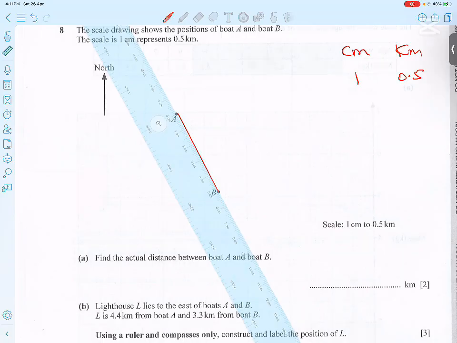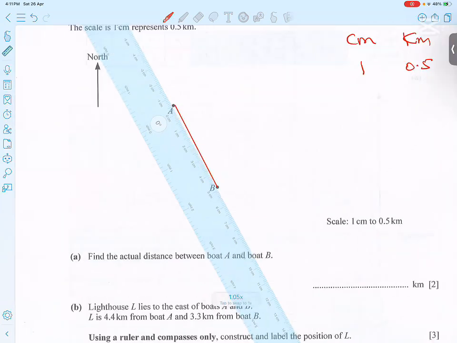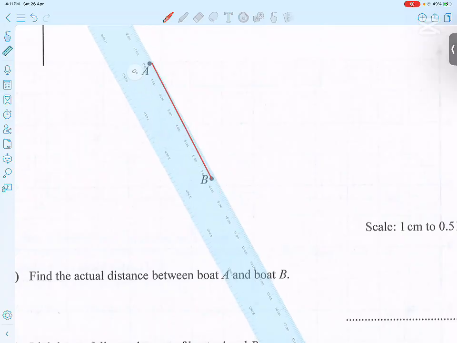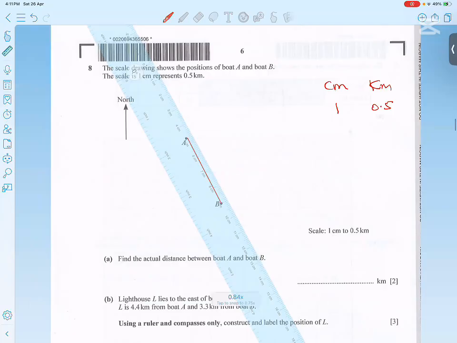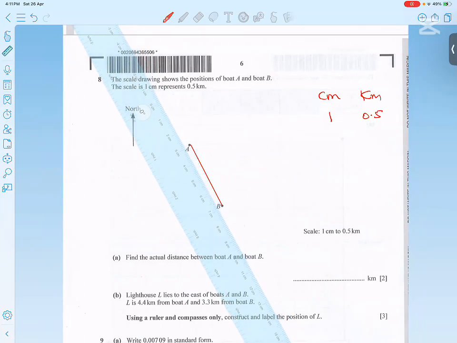It could be different, depending on the diagram. Wait a minute, it is 4 centimeters here. So it varies.